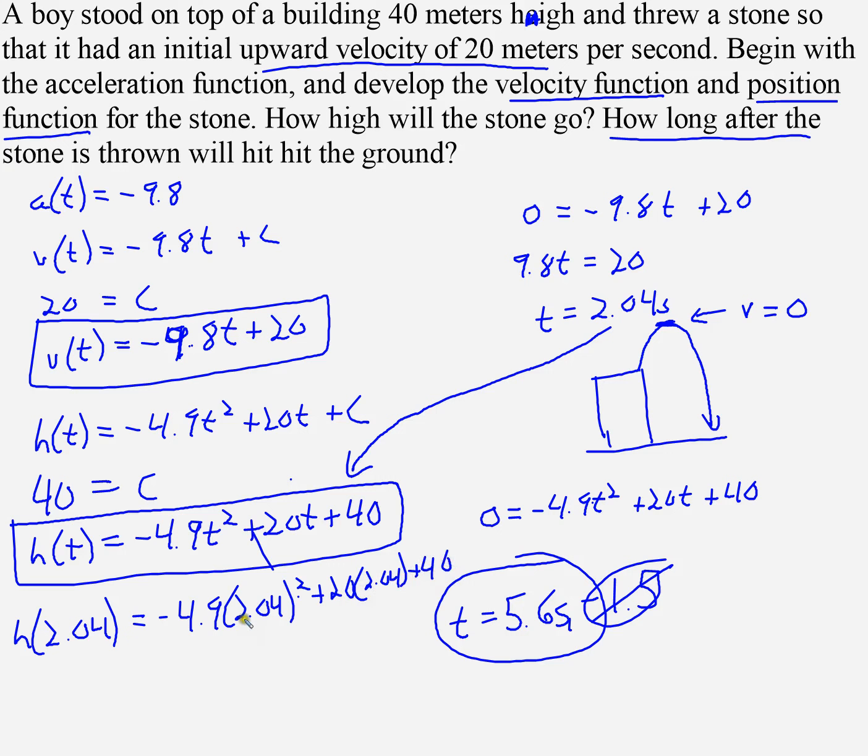So you're going to square it, multiply it here, and when you figure that out, you find that the highest it would be is about 60.4 meters. This comes out to about 60.4 meters is its highest. So we have our two formulas that we were supposed to find. I found the time when it would be at its maximum, and later realized I needed to find the actual maximum height, and it's going to take 5.6 seconds to hit the ground.